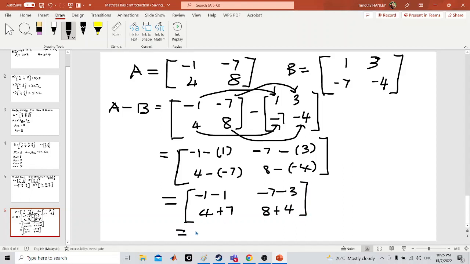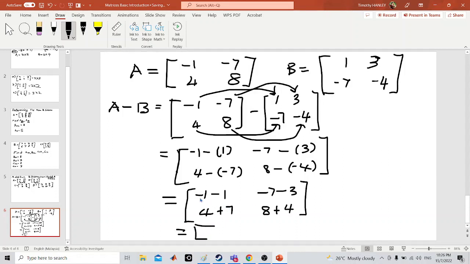So we solve this, we will get -1 minus 1 is -2, -7 minus 3 is -10, 4 plus 7 is 11, and 8 plus 4 is 12. And this is the final answer.